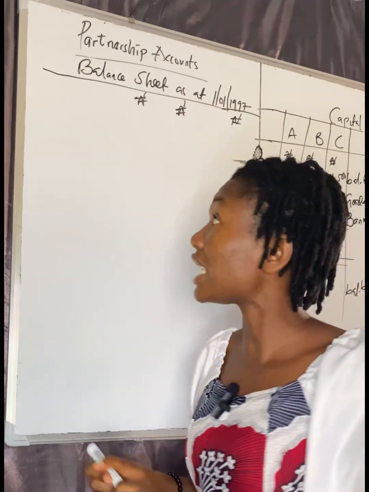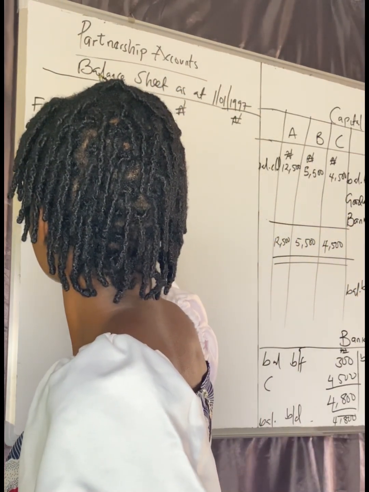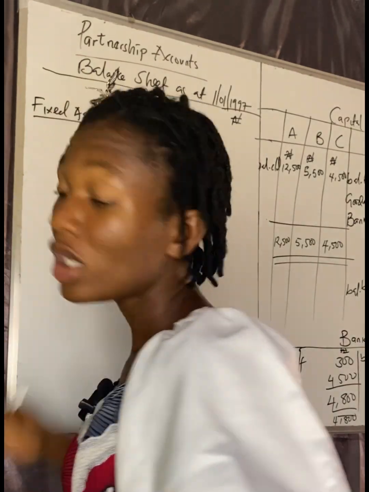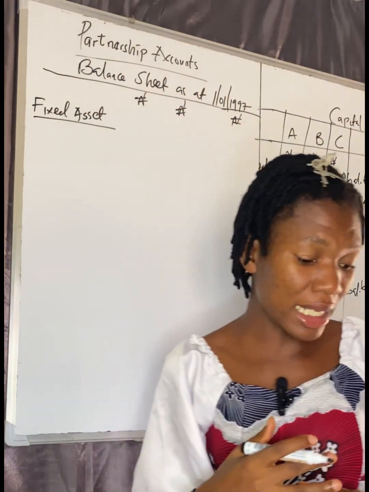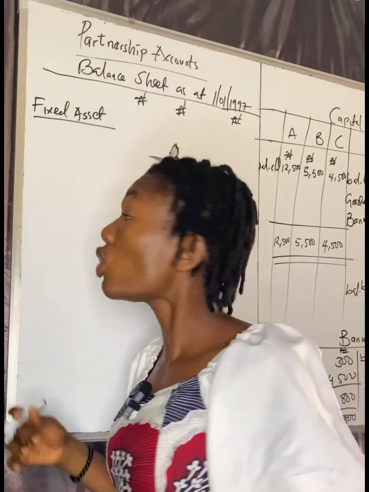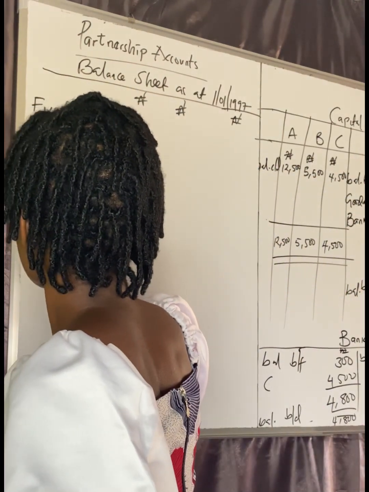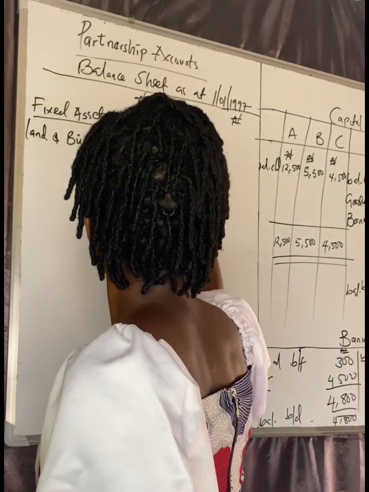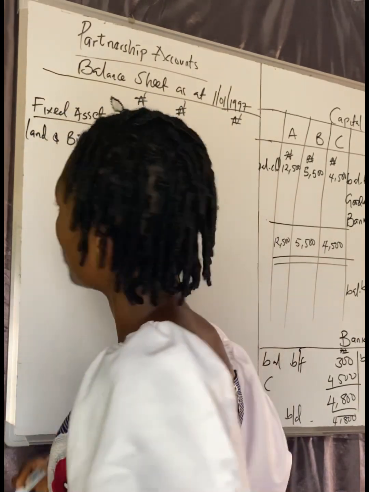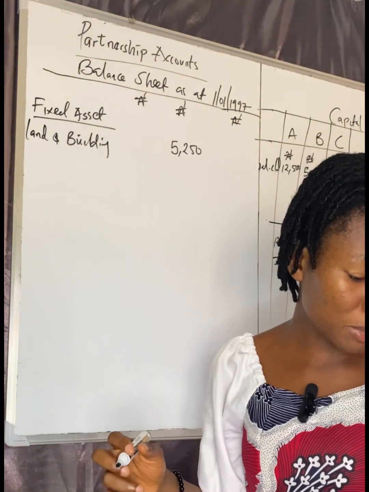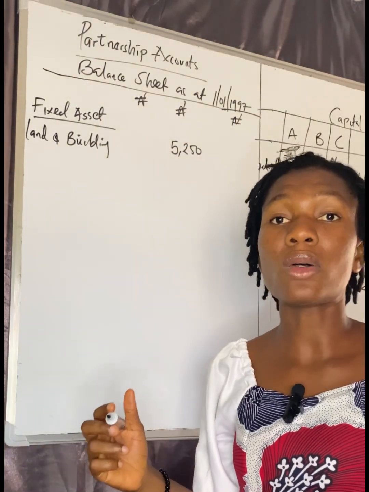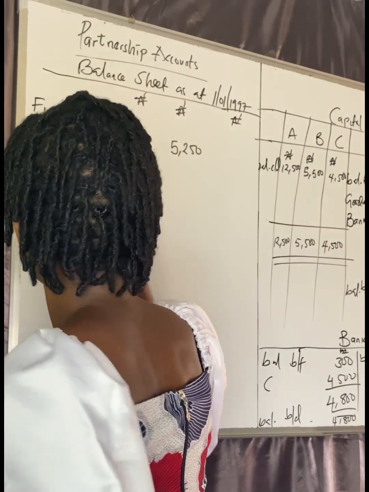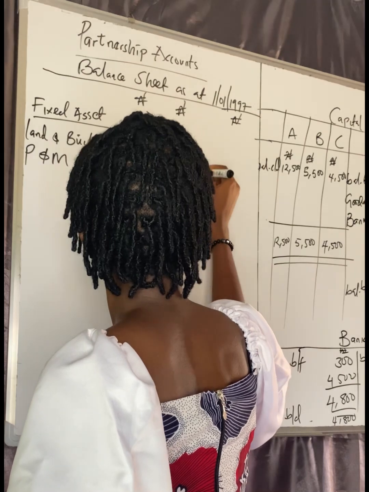So we have our fixed assets. For our fixed assets, we have that land and building is 5,250 naira, and then we have that plant and machinery, so let's just use P and M, is 3,075 naira.